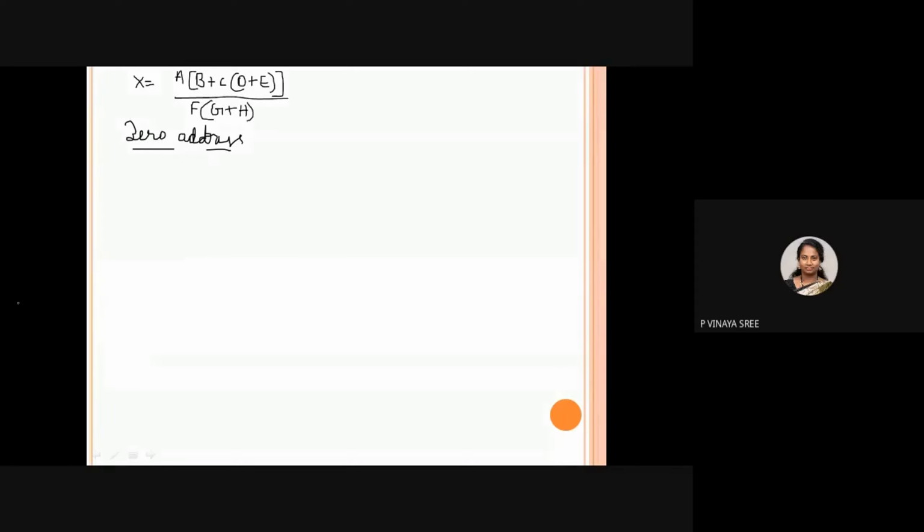In a stack organization, we use two operations called push and pop.